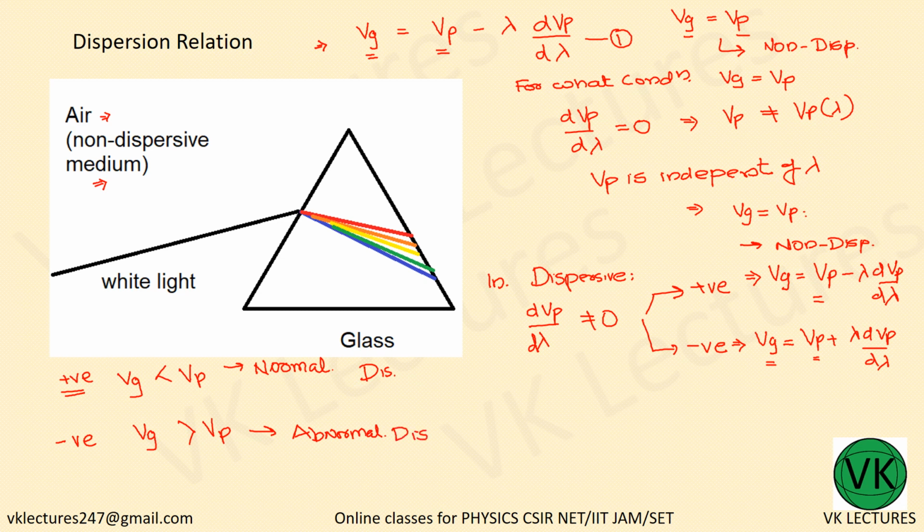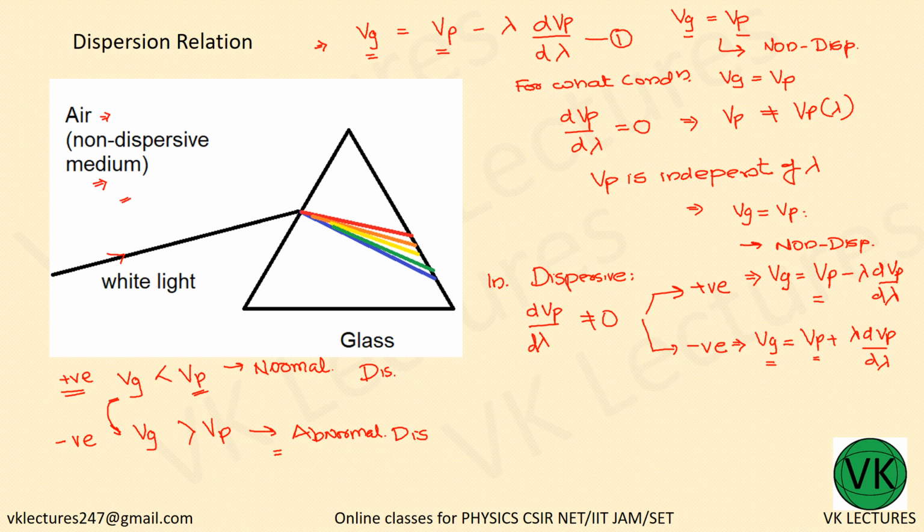That means usually group velocity should always be less than phase velocity, and if Vg is greater than Vp, that is not happening as it should, so it is called abnormal dispersion.